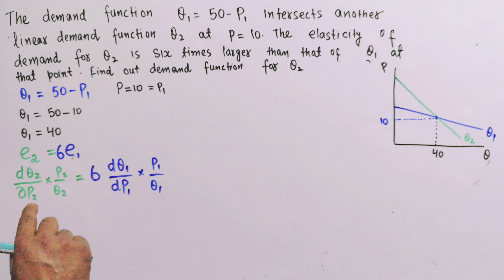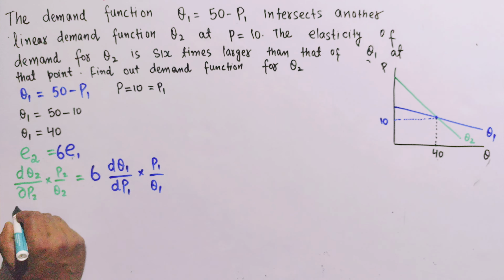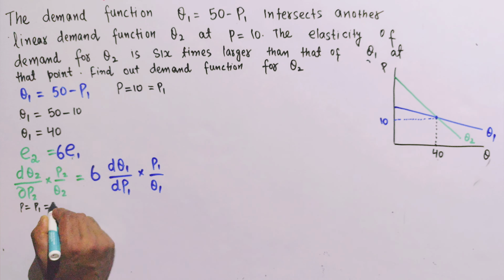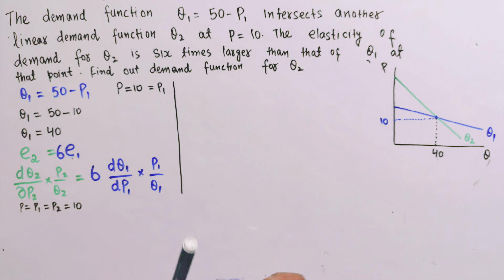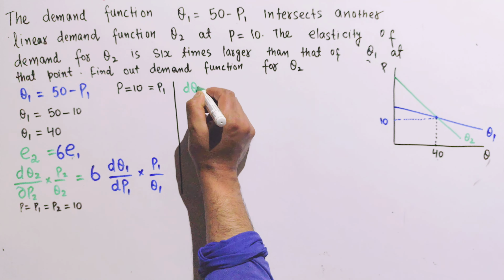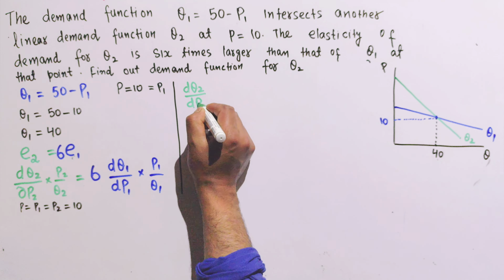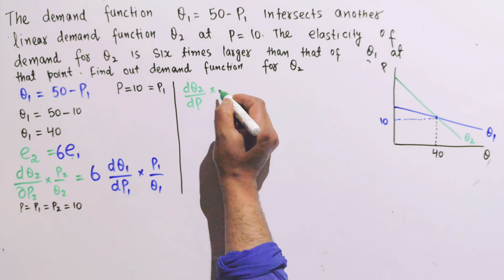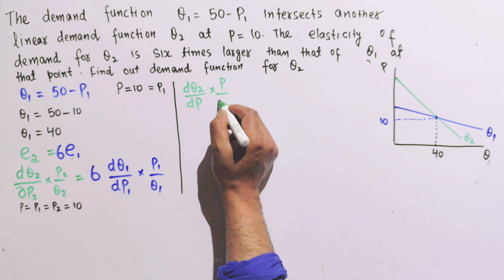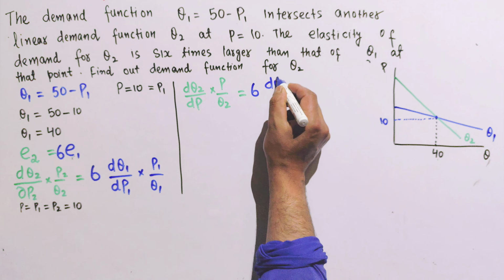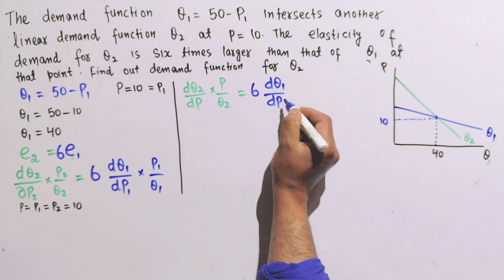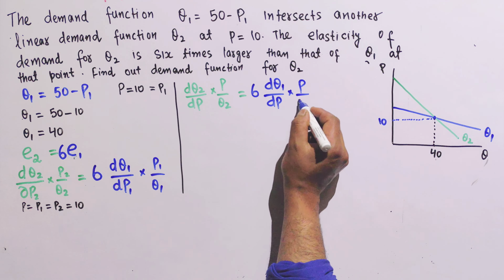So in both places I can write, since it is given that at this point P1 is equal to P2, which is equal to 10, dQ2 upon dP, in place of P2 I write P only, times P upon Q2 is equal to 6 times dQ1 upon dP times P upon Q1.